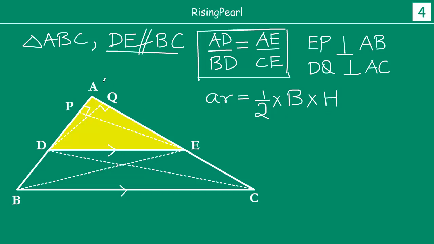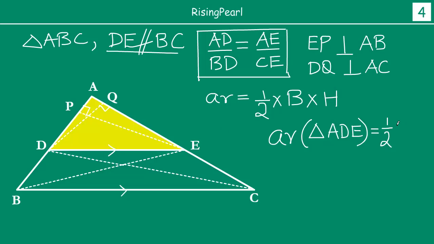So if I look at triangle ADE, I can say that area of triangle ADE is equal to half base is AD. See, I'm trying to get to these sides. So half AD is the base and EP is the height, right?